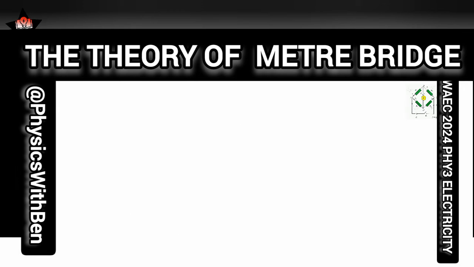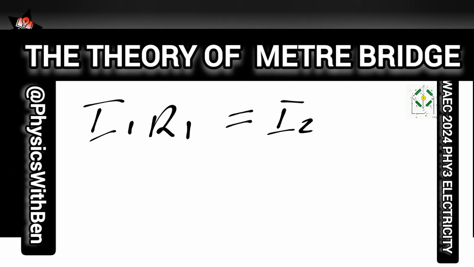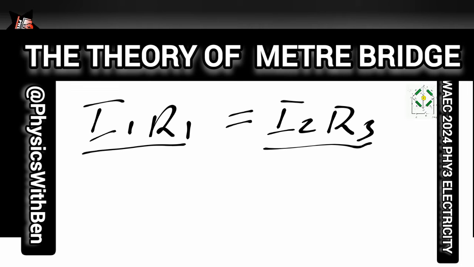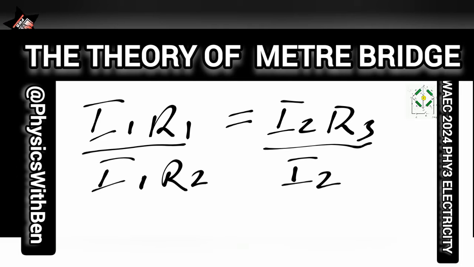If you do that correctly, we are going to be having I1 R1 is equal to I2 R3. You divide both sides by equation B again: I1 R2 is equal to I2 R4.